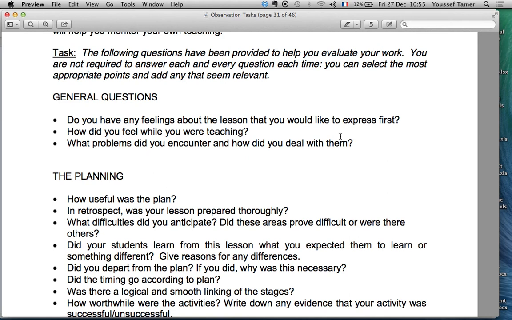Also, in the teaching journal, towards the end of the training, one can talk about, for example, the most successful lesson, the least successful lesson, and the factors that contributed to the success. That is a very general observation, but you can use it as a reflection.